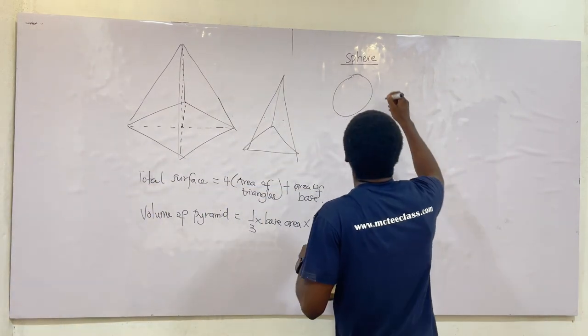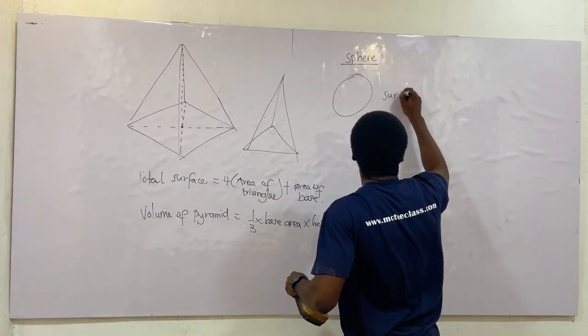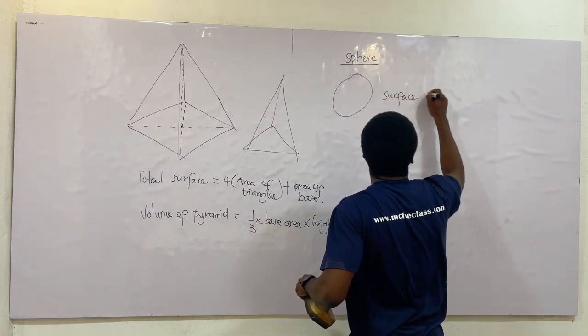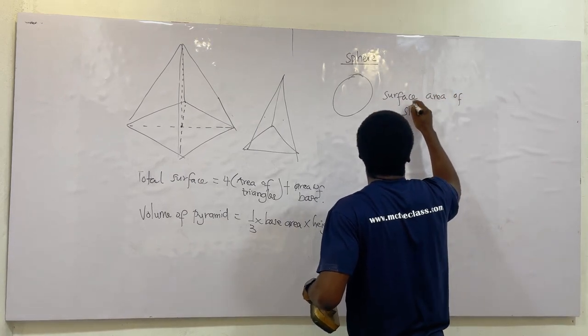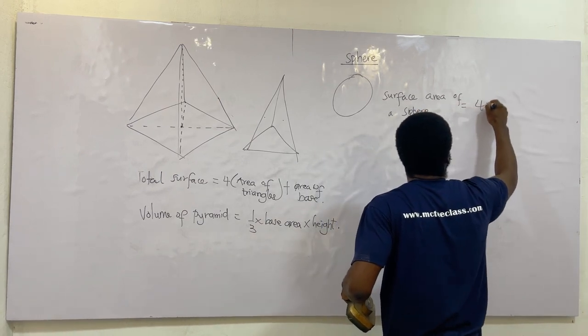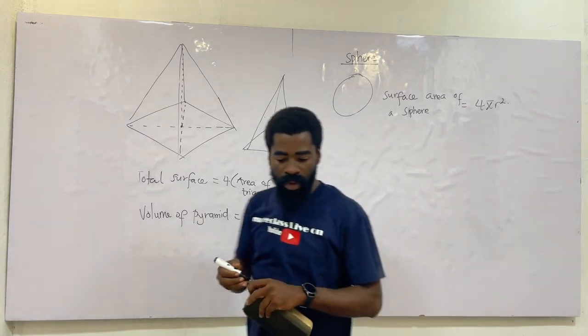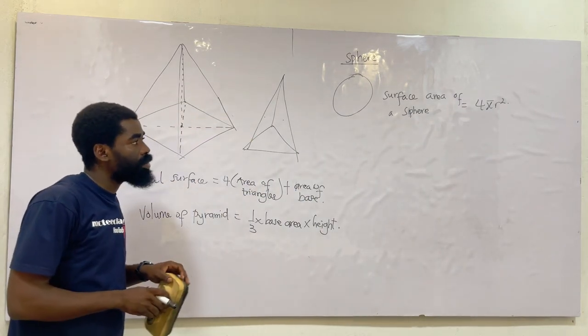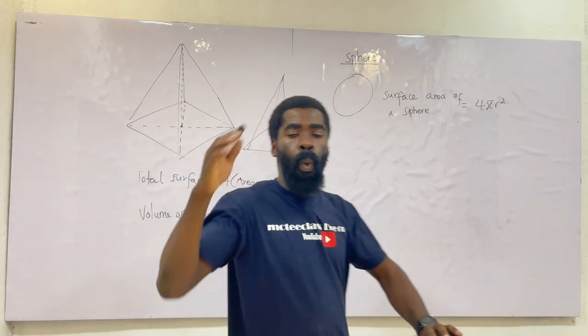So let's go. The surface area, everything of a ball. So the surface area of a sphere equals 4 pi r squared. Equals what? 4 pi r squared. Then we find the volume of this. The volume of this equals what? 1/3.